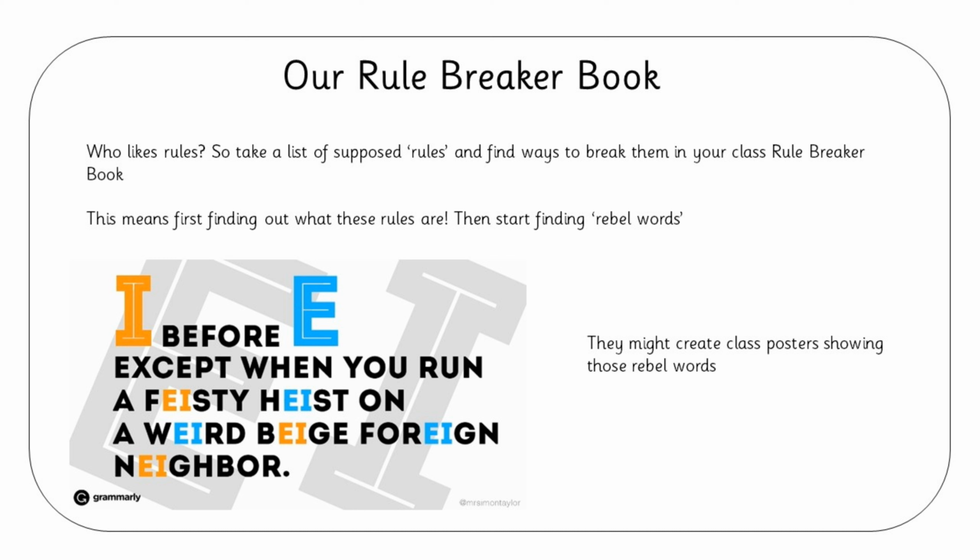So how about we have a rule breaker book, a class rule breaker book? And that means that you could go through, Google all the rules that they're supposed to be, and instead of teaching the rules, look at the rules and look for the exceptions. The children will love that, absolutely love it, because you're saying, here is a spelling rule, let's debunk it. Let's find the words where it doesn't work.